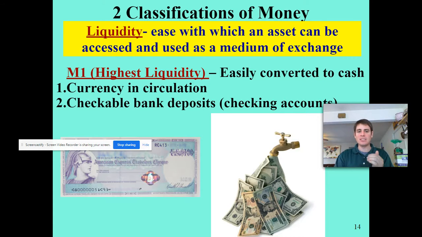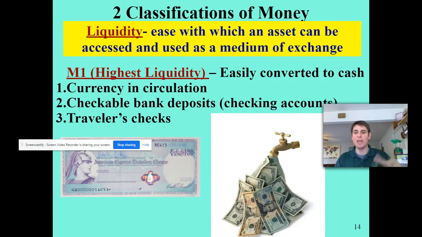Okay. So things that count towards M1, and I would write this down. I would know the term liquidity. I would write and know what counts towards M1 and M2. So M1 is the highest liquidity. It is the most easily converted to cash. Cash itself, currency that's in circulation, dollar bills, coins, those can be easily converted to cash, right?